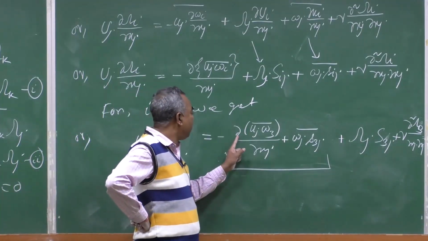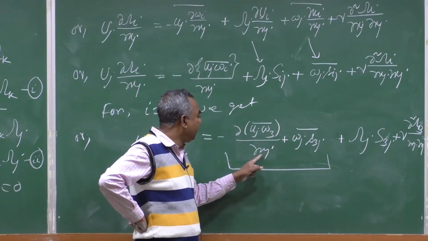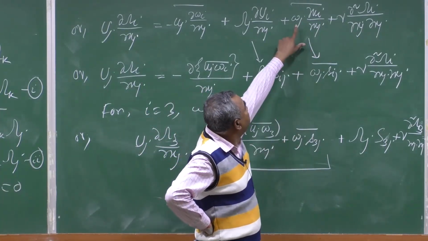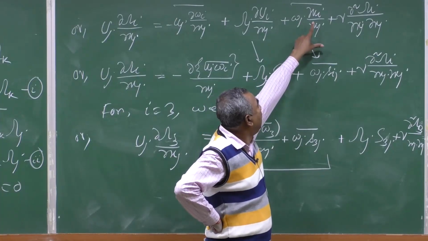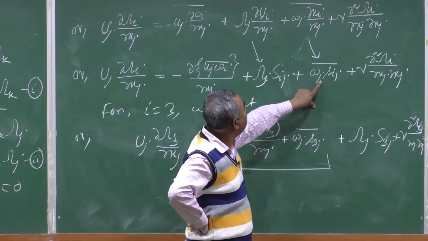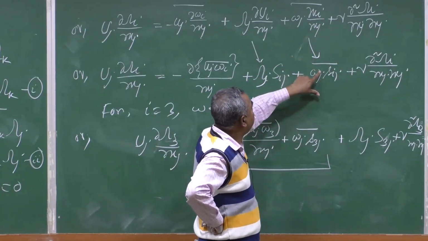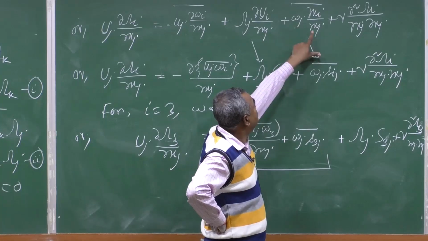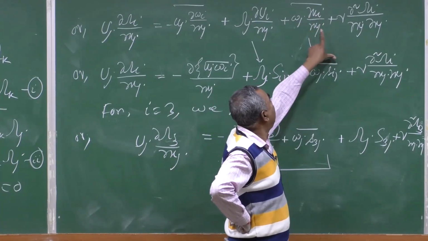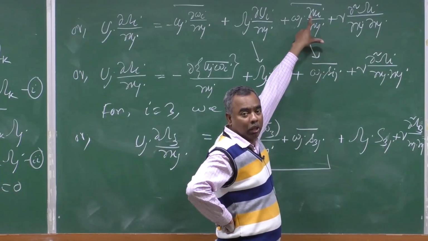One is del u 2 omega 3 del x 2, and here j is equal to 2, del u 3. So, this can ultimately be taken inside. So, this term is equal to this, or using continuity this particular term you can write as del u i omega j del x j, and i is equal to 3, that is what we are writing in the equation.